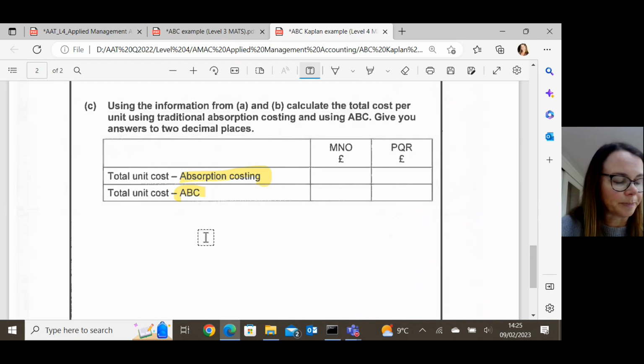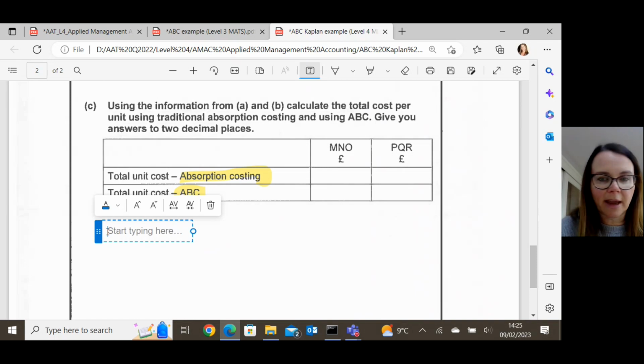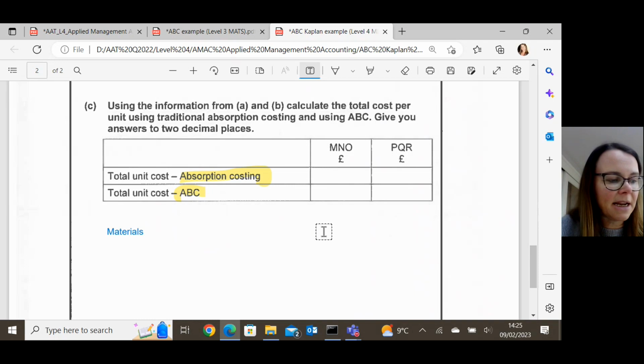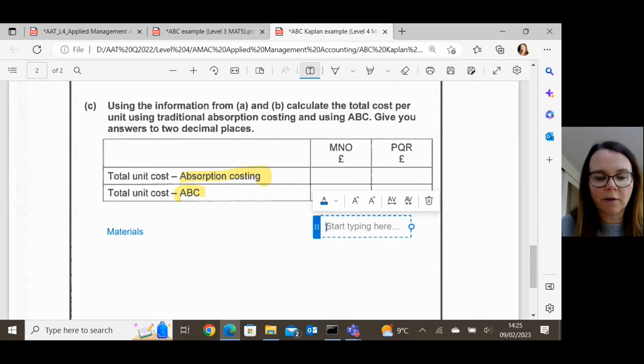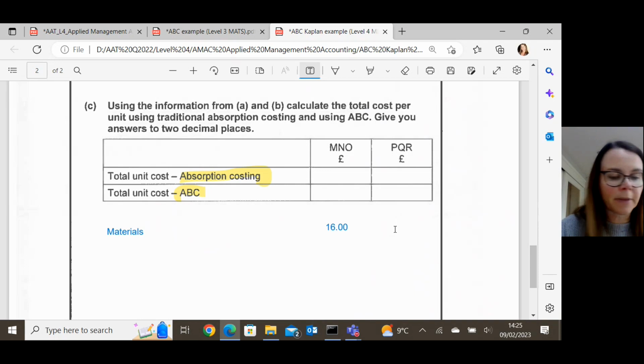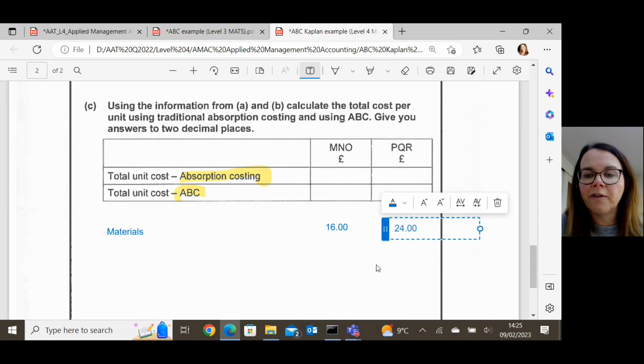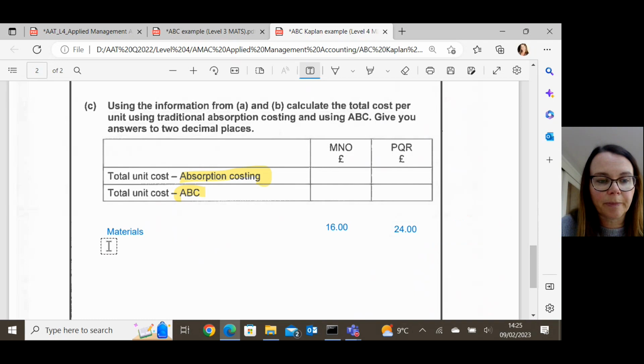Right, so regardless of which one we are using, we know that the materials cost £16, just reading that straight off the information at the beginning of this activity. £16 for the MNO, £24 for the PQR. Labour.